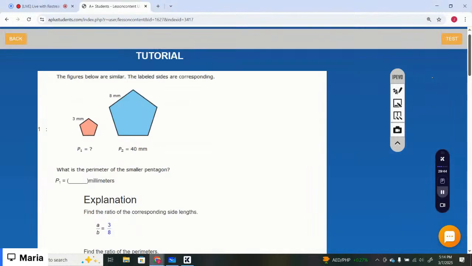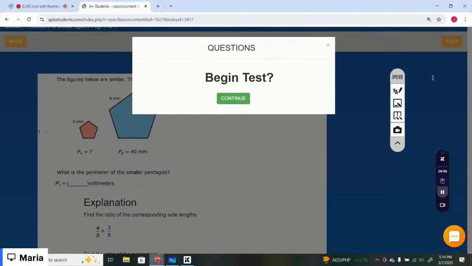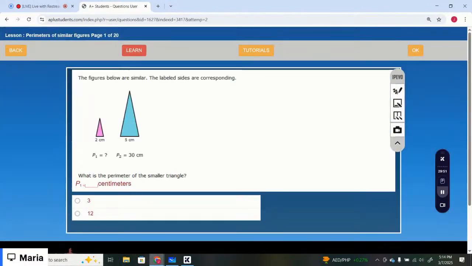Let's just start with the test questions. The figures below are similar. The labeled sides are corresponding. What is the perimeter of the smaller triangle?